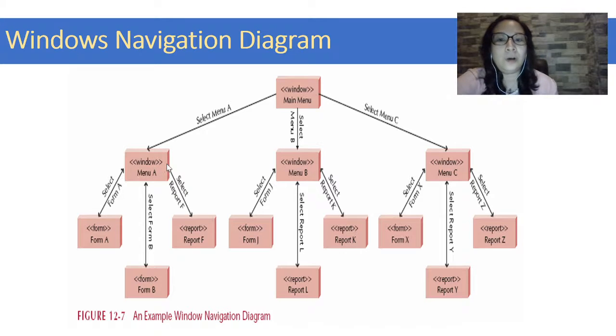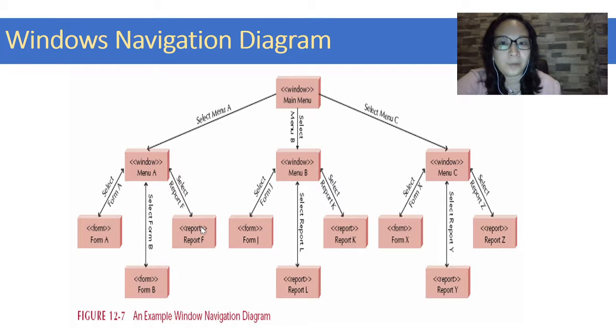Okay, of course this Windows navigation can only be done after you define the business process flow. So that's why you need to define the business process flow first, and only then can you define this Windows navigation diagram. You can define the form name, or maybe you can define the report also.